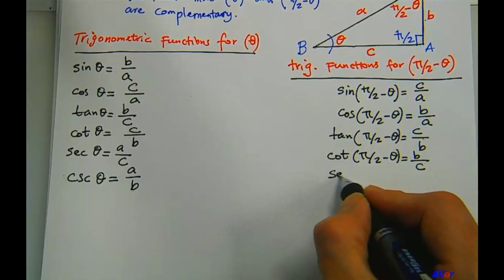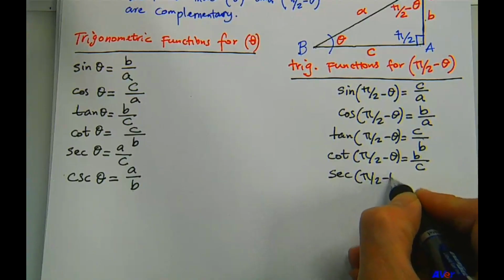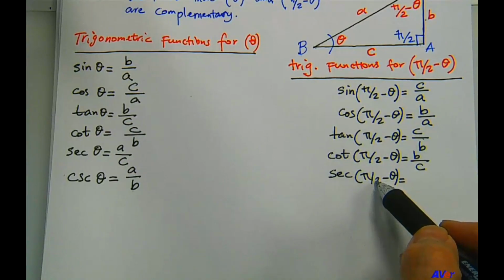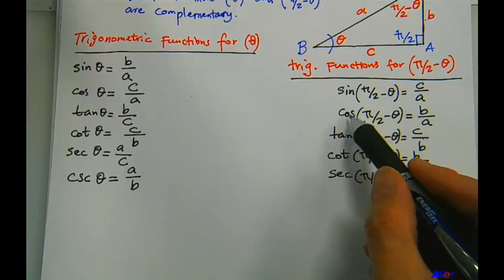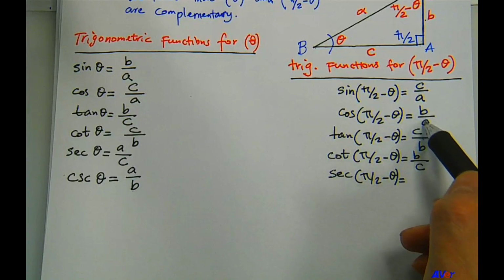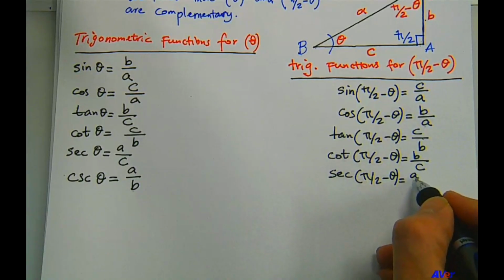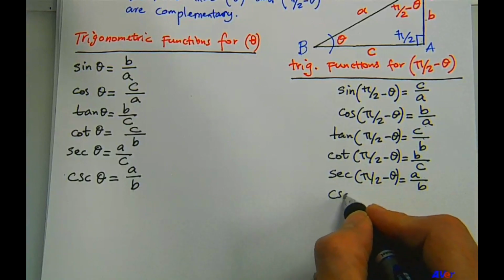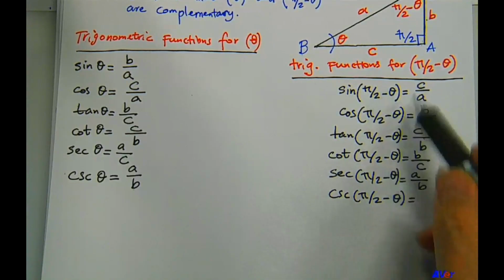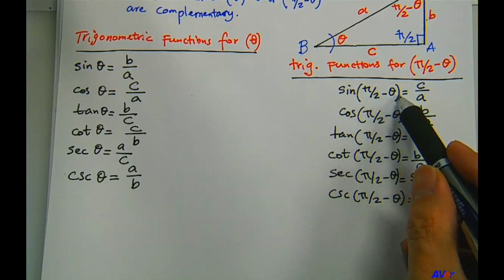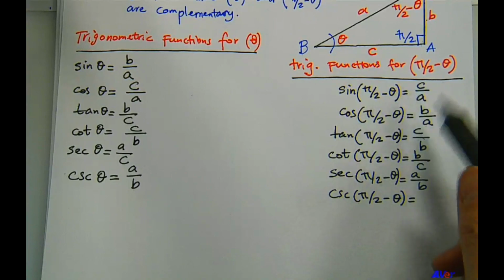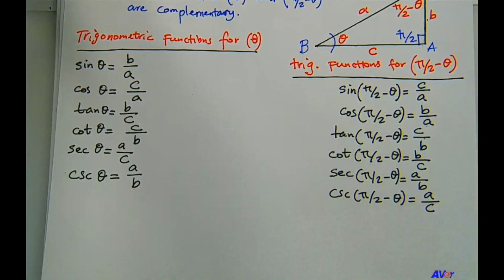Then the secant of pi over 2 minus theta. The secant is the reciprocal of, can you remember? The reciprocal of the cosine of that same angle. So it's the reciprocal of b over a, which would be a over b. And cosecant of pi over 2 minus theta is the reciprocal of sine of pi over 2 minus theta. So if sine is c over a, cosecant of that angle would be a over c.